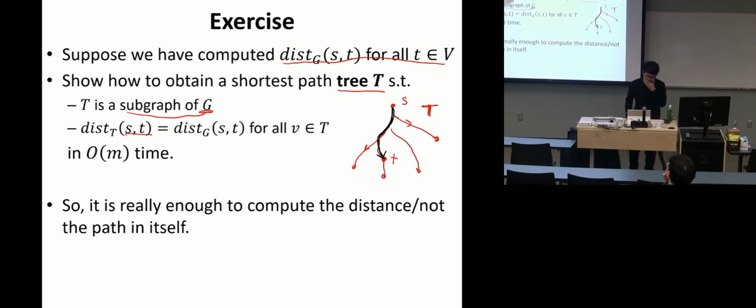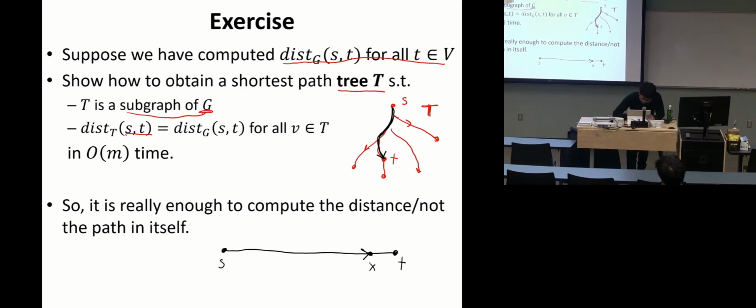So the first thing that I want you to see is that suppose that this is S and this is T. Let's say that this is an S-T shortest path. Let's look at the last node, let's call it X. Then you see that this subpath itself must be the shortest path from S to X as well, right?